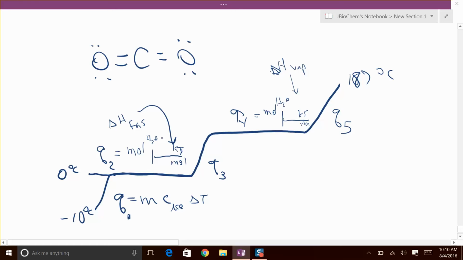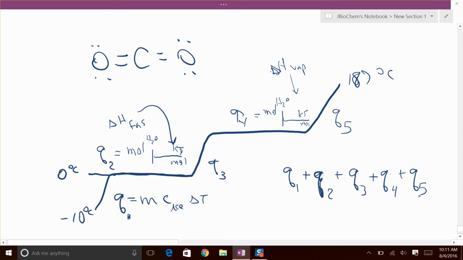And Q1, 3, and 5 are all going to be given in joules, and then the delta H of fusion and vaporization are in kilojoules, so you've got to convert one or the other. Okay, so that you can add them together, because in the end, I have to add Q1 plus Q2 plus Q3 plus Q4 plus Q5.